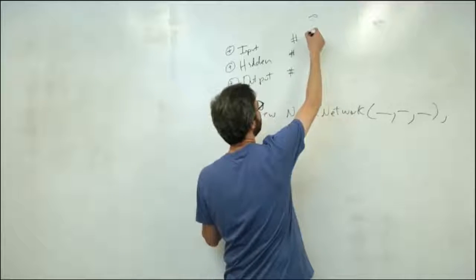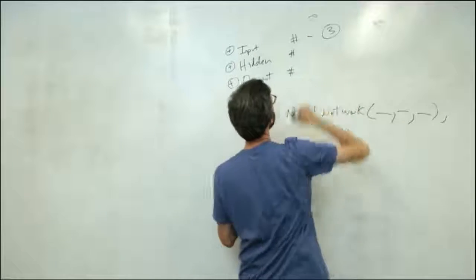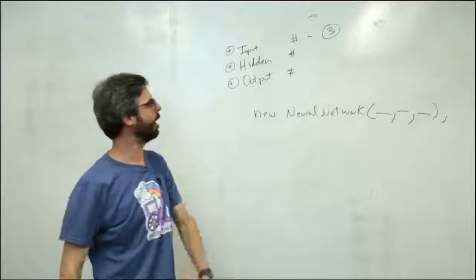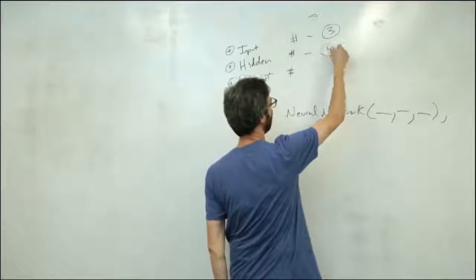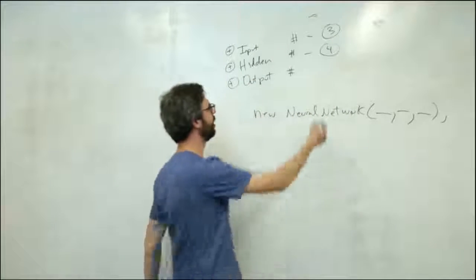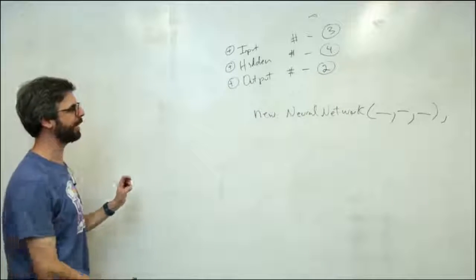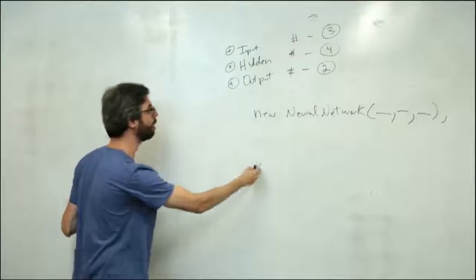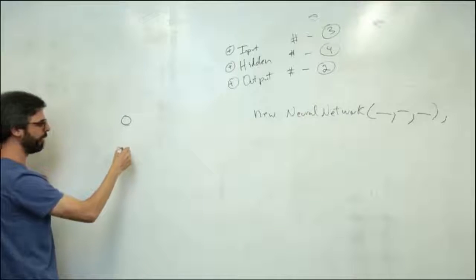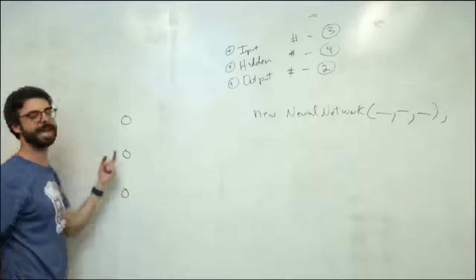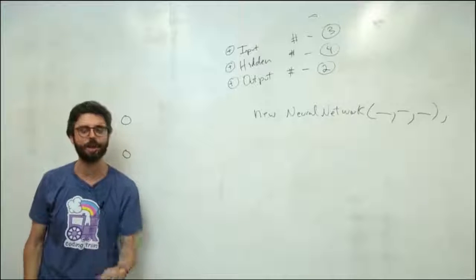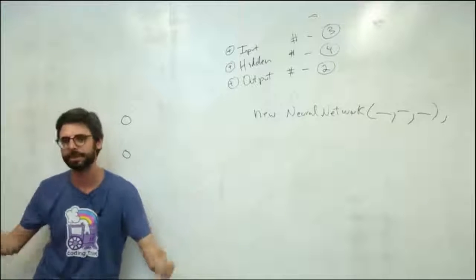Let's say there's going to be 3 input neurons, 4 hidden neurons, and 2 output neurons. What this means now is in a feed-forward neural network, there are 3 inputs. We could imagine, again, I'm using the classic example of guessing the price of a house.